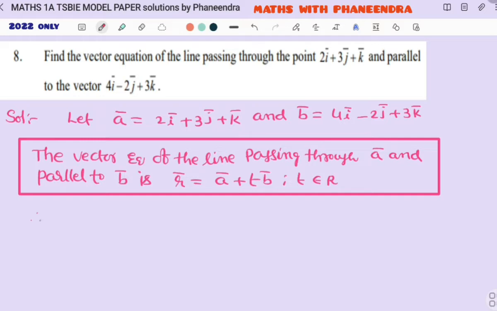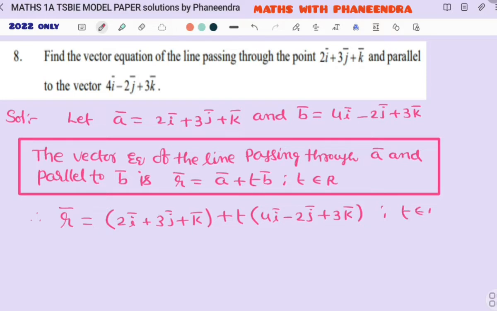So therefore, r bar equal to, in place of a bar, 2i plus 3j plus k plus t into 4i minus 2j plus 3k, where t belongs to R. Even we can write it by taking the i bar coefficients common, j bar coefficients common.